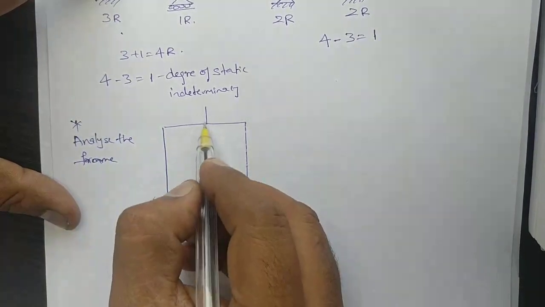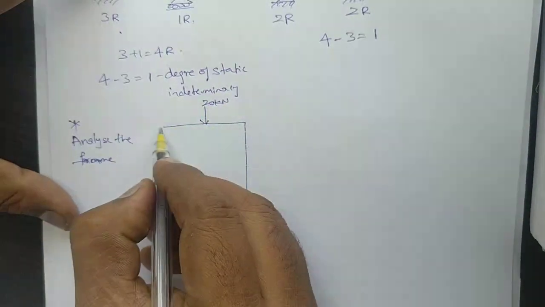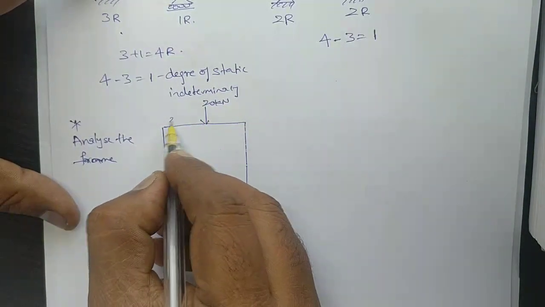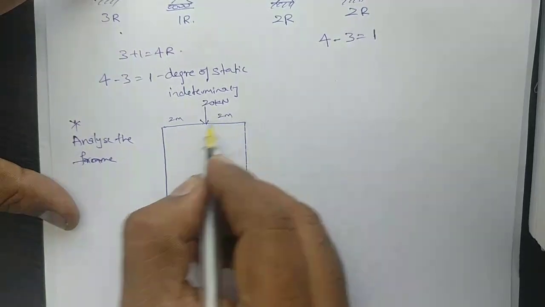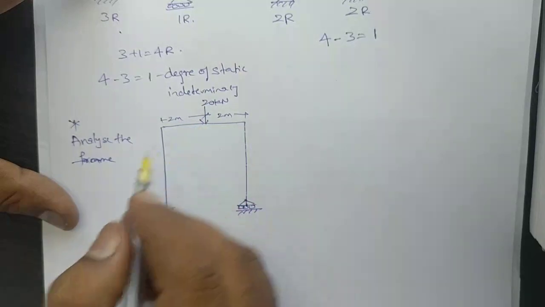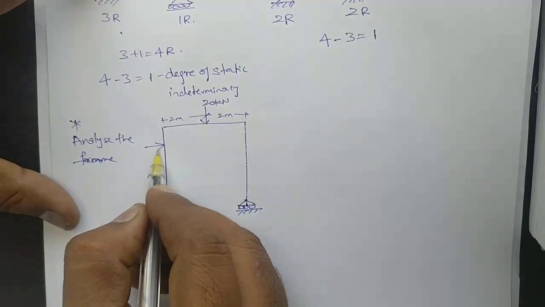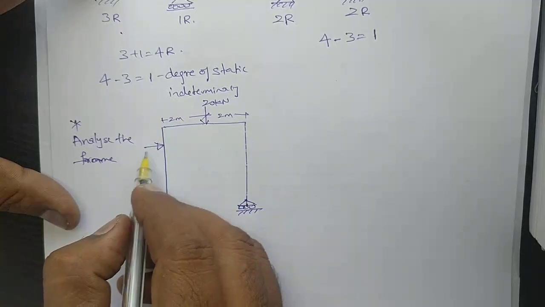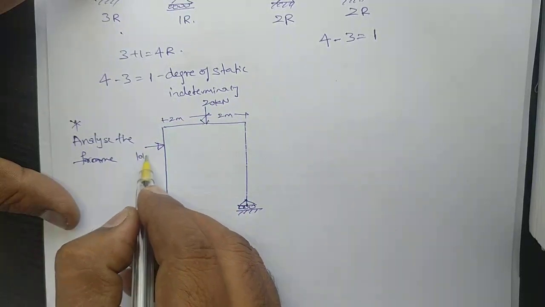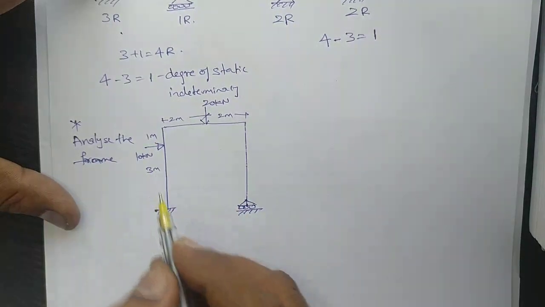We have 20 kilonewton, 2 meter, 2 meter. And here we have a horizontal force 10 kilonewton, 1 meter here, 3 meter.